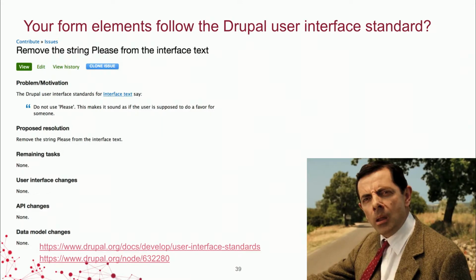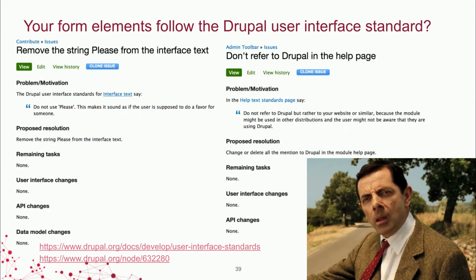And this is something that we usually find in Drupal projects. Please enter your name, please hit the button, please. So this is something that you need to remove from your project. We have another standard: don't refer to Drupal in the help page. Usually when you go to a module help page, you will find "this is a Drupal module to do..." what?